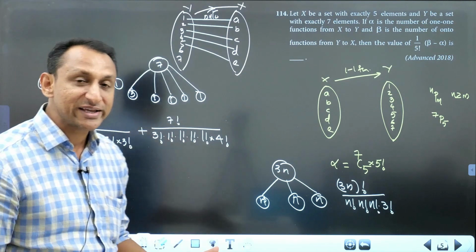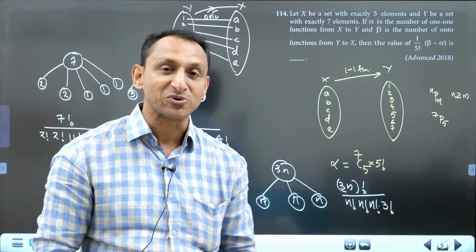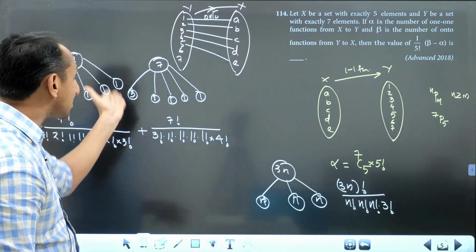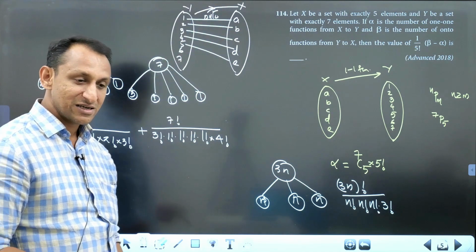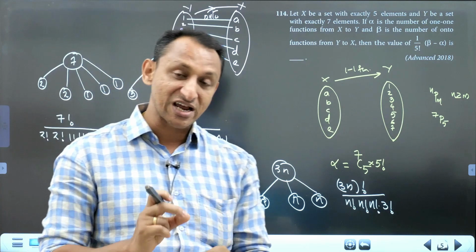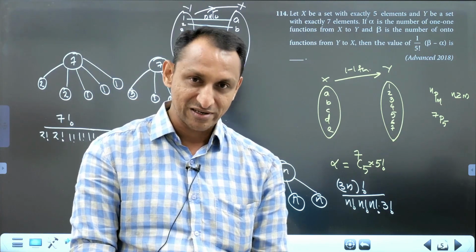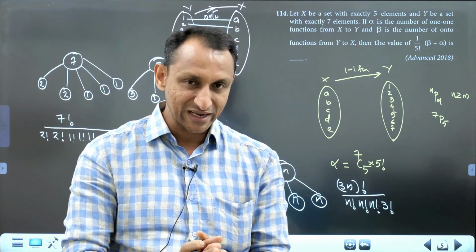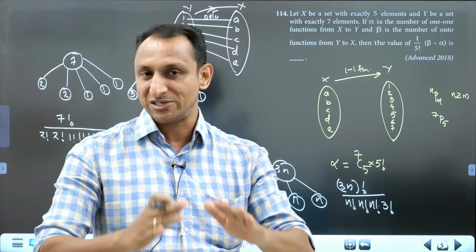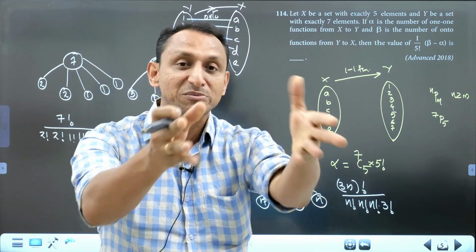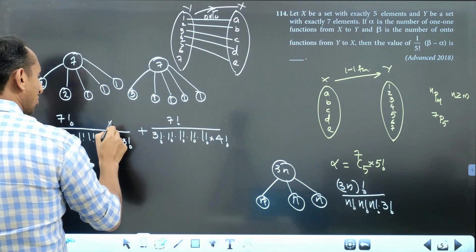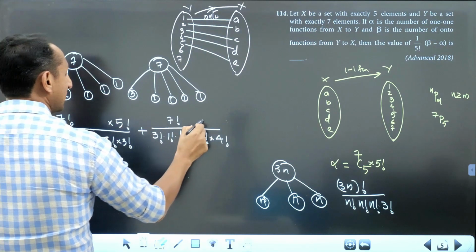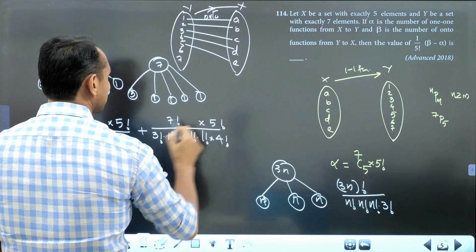After dividing, we distribute, that means each group gets an image in this set. Here we divide 7 distinct objects into 5 groups, then distribute them, so into 5 factorial.